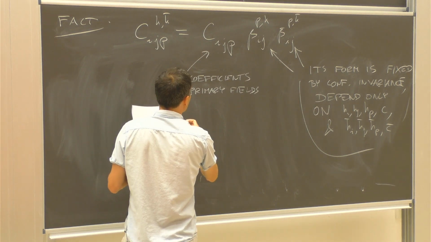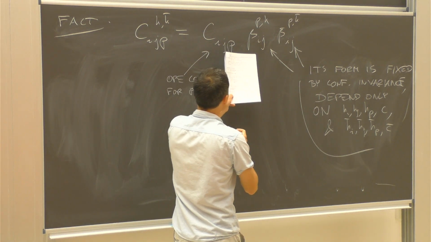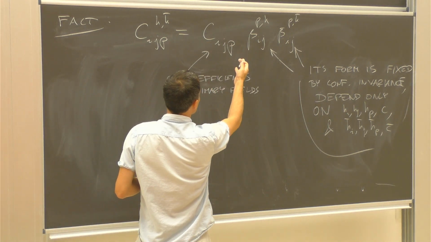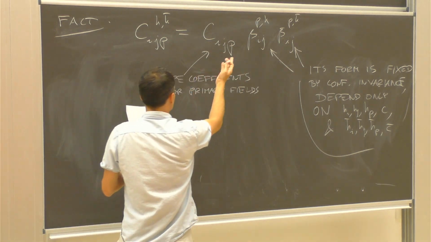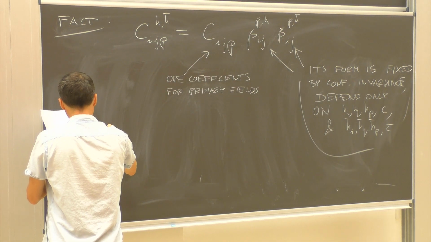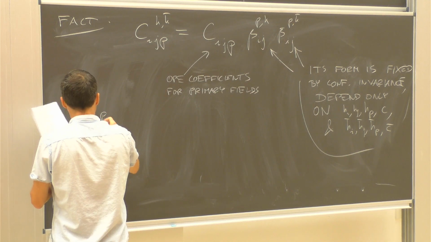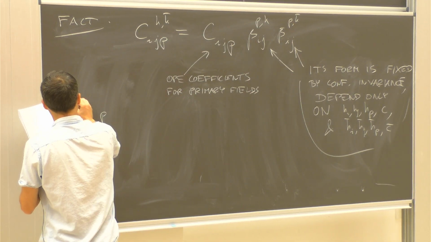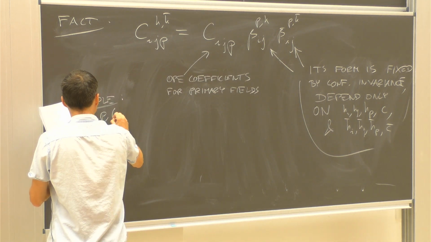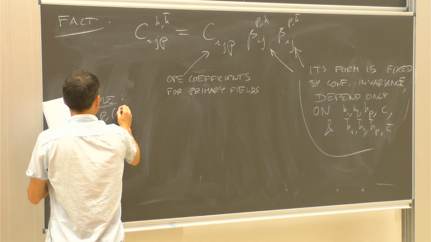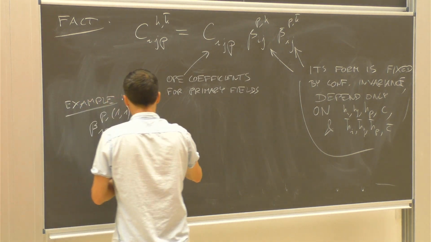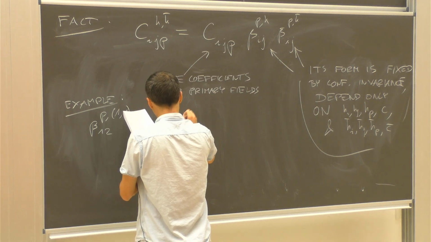And there is a way to compute them to any order. I mean, for any k, but it is not quite possible to write an explicit formula for all k's. But just an example. When this k and k bar are both equal to 1, then this factor takes the following form.